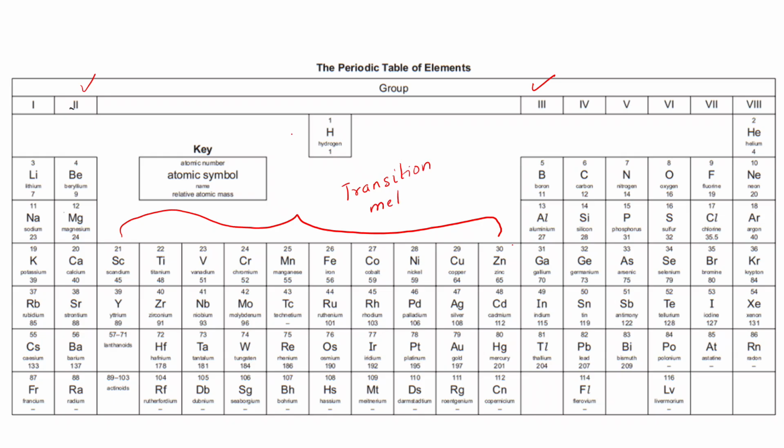Now, transition metals are quite distinct from the usual metals that you come across in group 1 and group 2 of the periodic table. Their chemistry is quite complex, and one of the things that makes their chemistry complex is the fact that they show variable valencies.